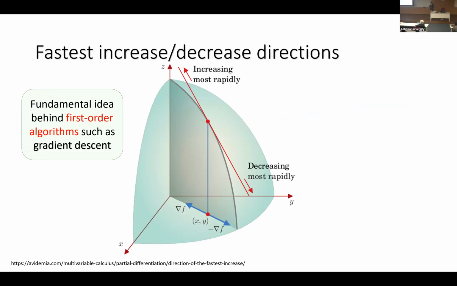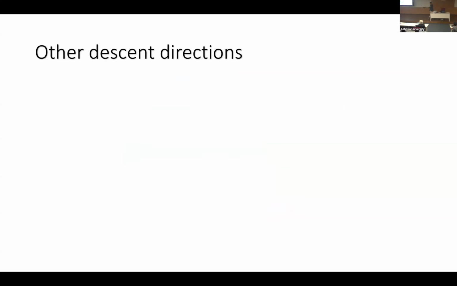So n is equal to 2 in this case. The decrease and increase is denoted by this arrow, but the actual gradient directions are these blue ones. Okay. So that's all about the gradient.